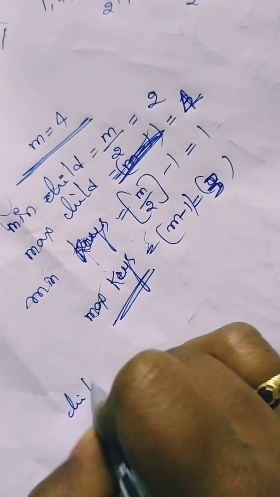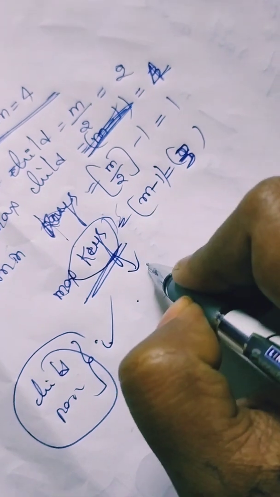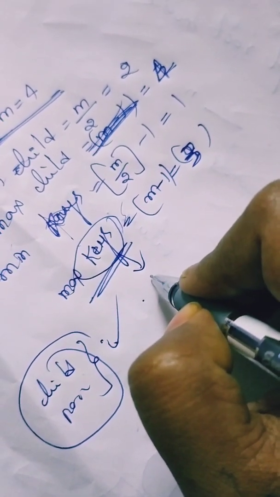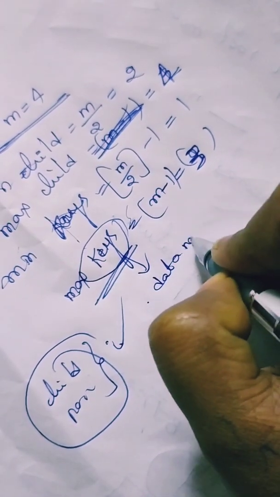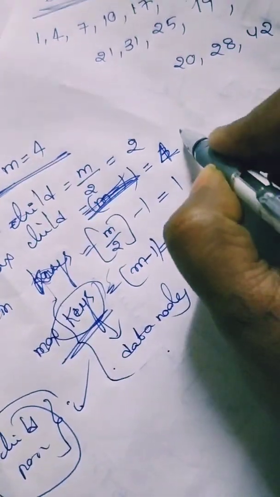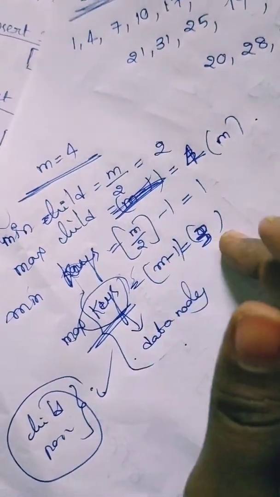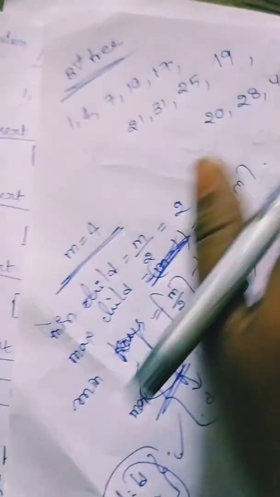Children or pointers are the same. Keys and data nodes are different in count. So here the minimum children is m by 2, maximum children is m, minimum keys is m by 2 minus 1, and maximum keys is m minus 1.